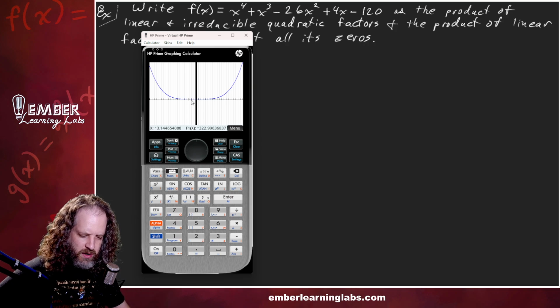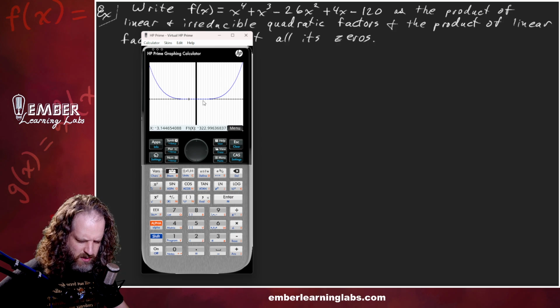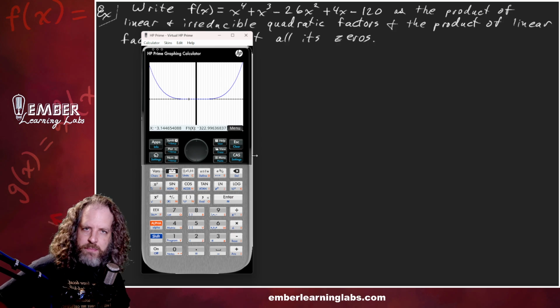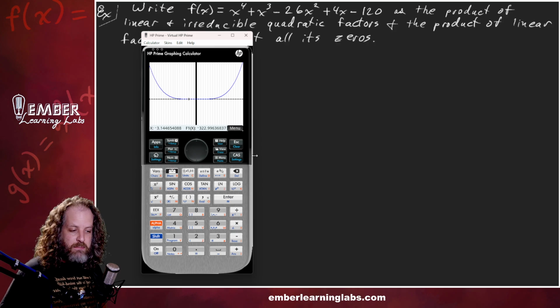So negative 1, 2, 3, 4, 5, 6, 7. So it looks like it's between negative 7 and maybe positive 7. Let's see. 1, 2, 3, 4, 5, 6, 7. Yeah, negative 7 to positive 7. So they're not really getting any bigger than that.